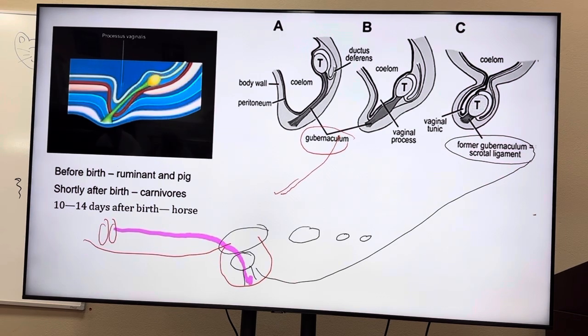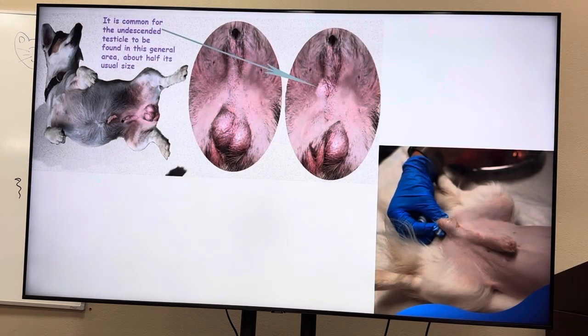So this condition could be unilateral or bilateral. So here is a retained testicle within the abdomen.